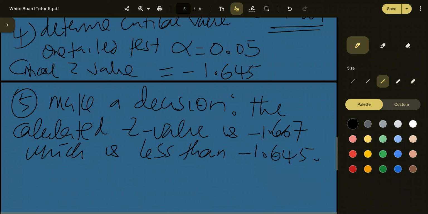So now you're comparing. Negative 1.667 is less than negative 1.645.